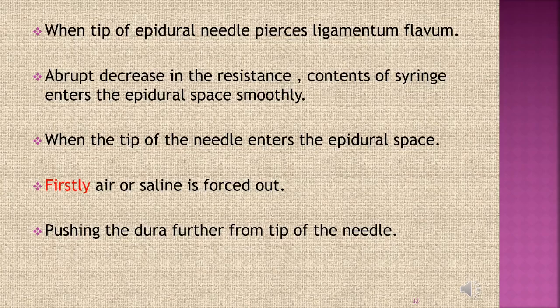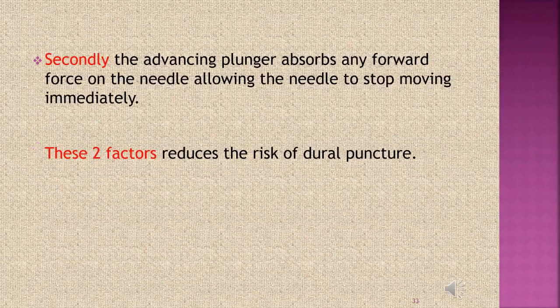When the tip of the needle enters the epidural space, firstly, air or saline is forced out, pushing the dura further from the tip of the needle. Secondly, the advancing plunger absorbs any forward force on the needle, thus allowing the needle to stop moving immediately.